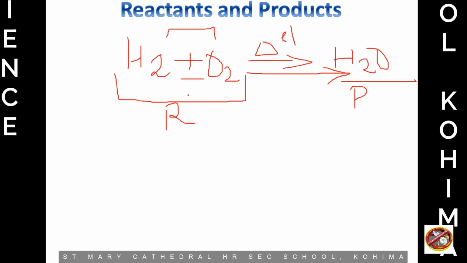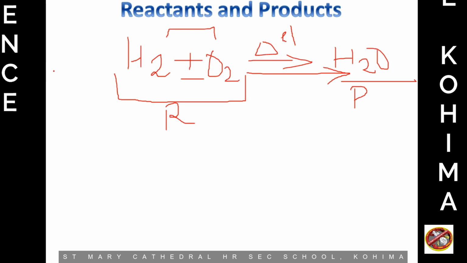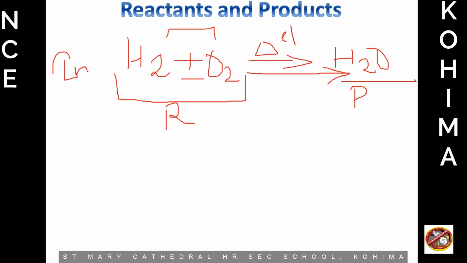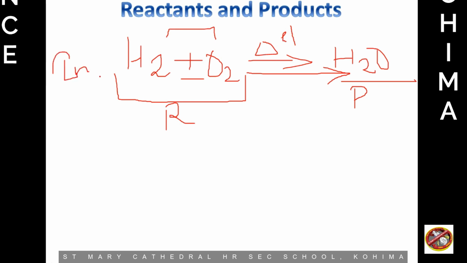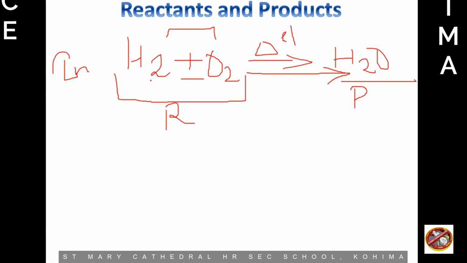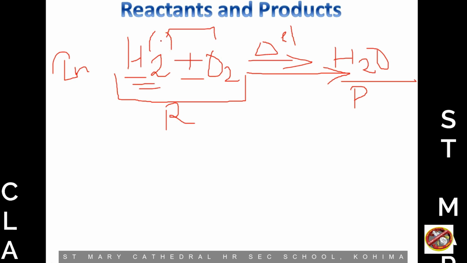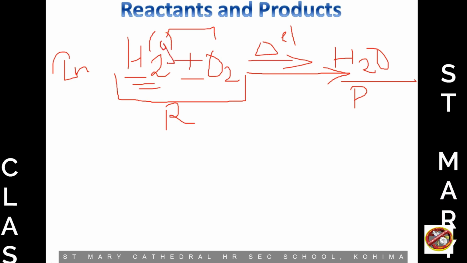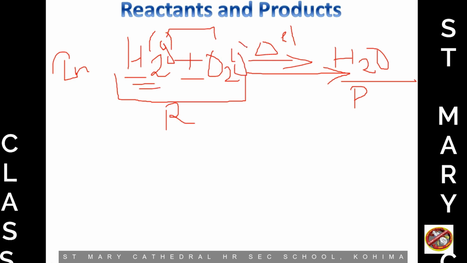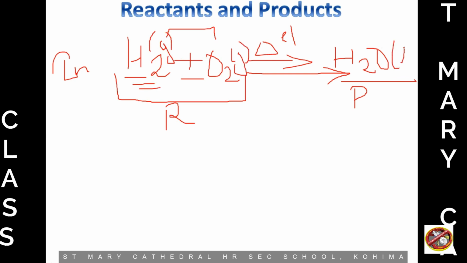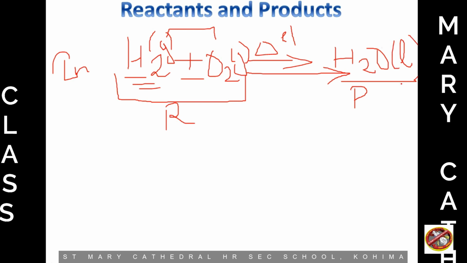Now remember again, if you want to make it more informative, much better to understand, you can write in brackets whether it is in solid state, liquid state, or gas state. If they are in gas state, you will write G, and you know H2O is liquid, so L, like that.